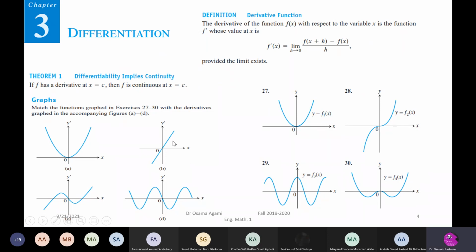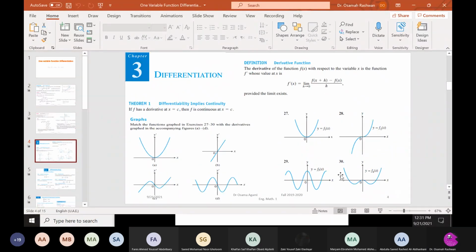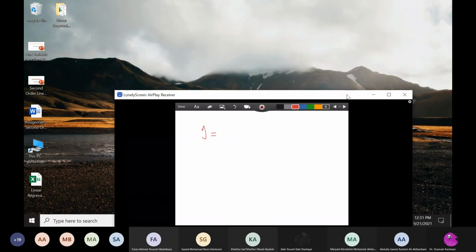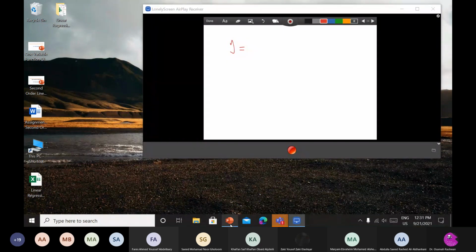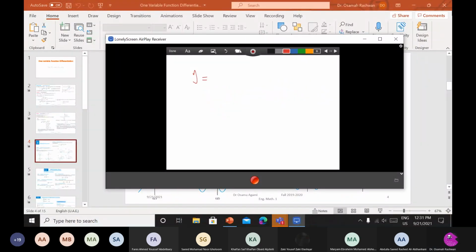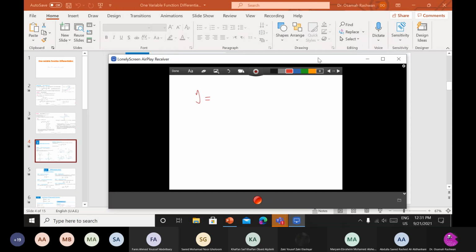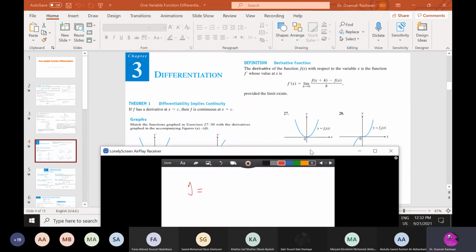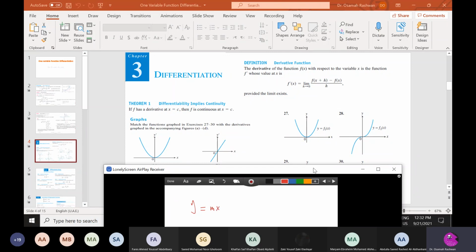When you have a line equation, y equals mx, c is 0, because your line passes through the origin.